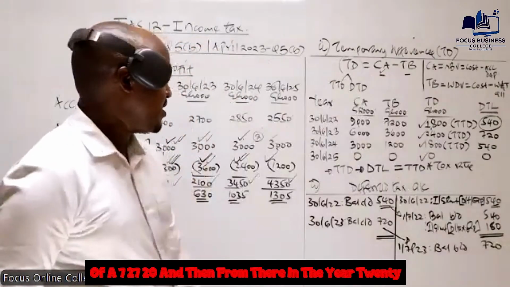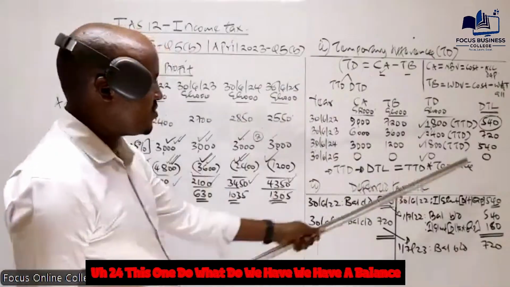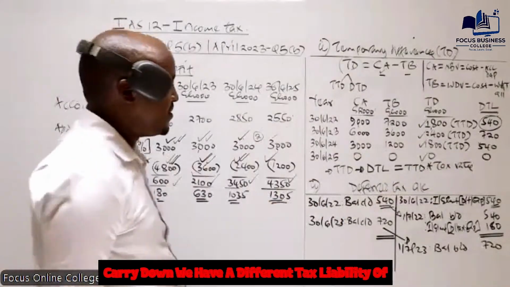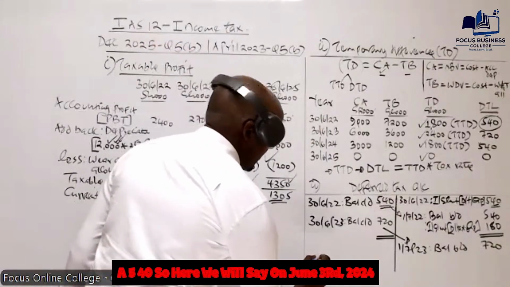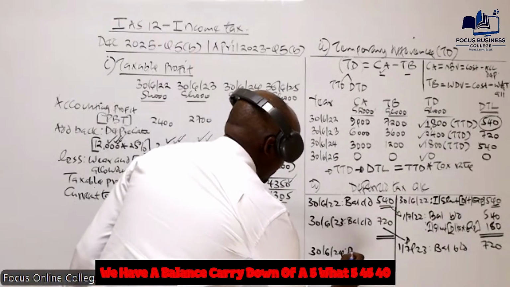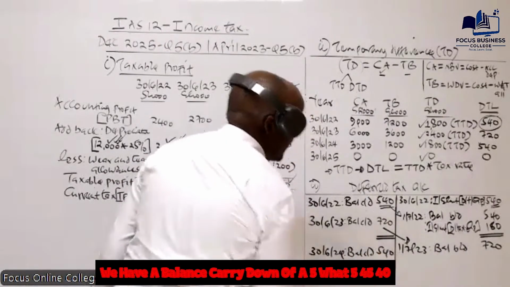And then from there, in the year 2024, we have a balance carried down. We have a deferred tax liability of 540. So on June 2024, we have a balance carried down of 540.